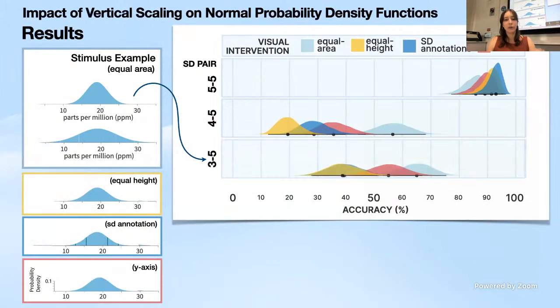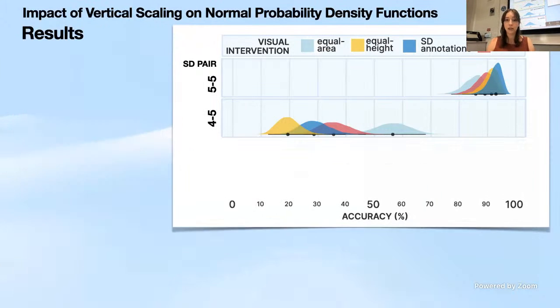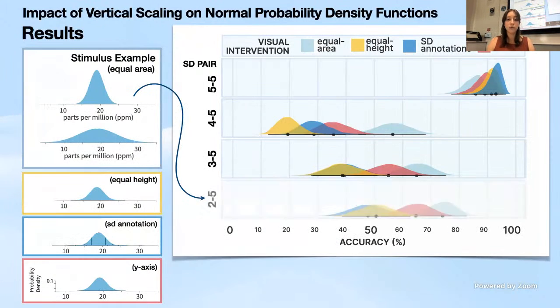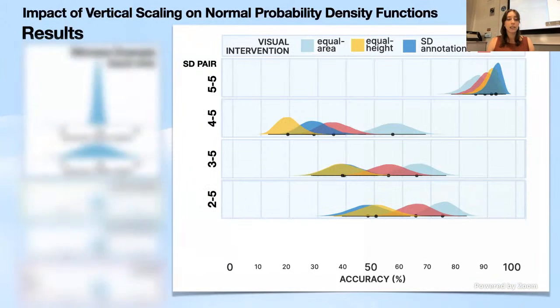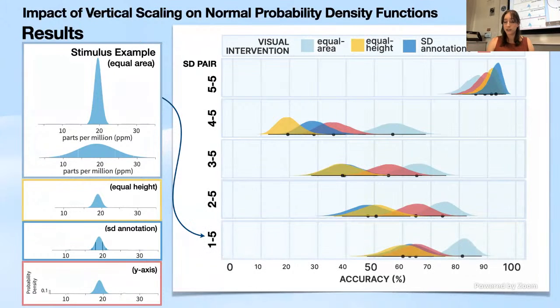Now, if we go through and we look at all of the other standard deviation pairs, we see that accuracy shifts up towards the right a bit, but we maintain this ordering of equal height leading to the worst comparison accuracy and equal area leading to the best comparison accuracy. And we see this pattern continue with standard deviation pairs of 2 versus 5 and a standard deviation pair of 1 versus 5.